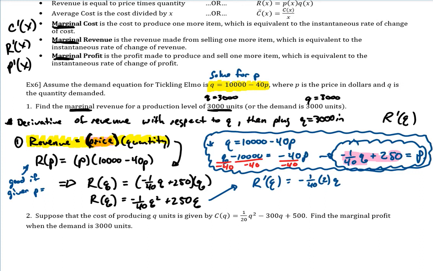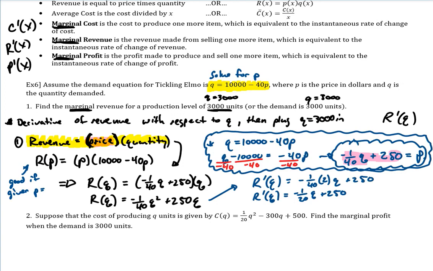And then plus, this is linear, so it would be just plus 250. So our R prime of Q, once this simplifies, the 2 and the 40 would simplify to make a 20 in the denominator. So we have R prime of Q is negative 1/20th Q plus 250. There we go. So we found our derivative.